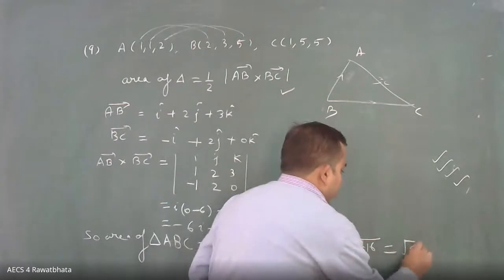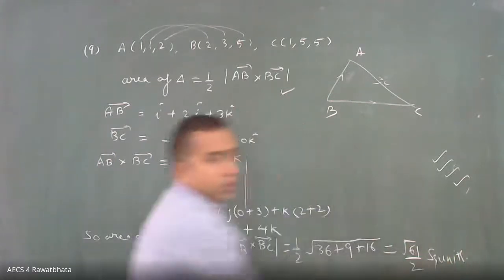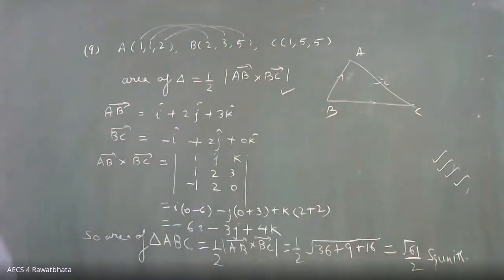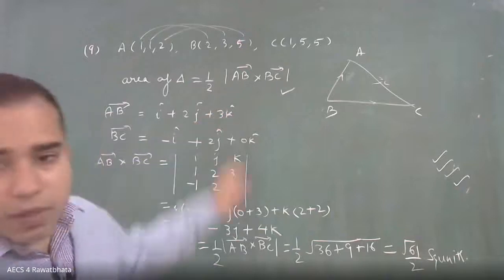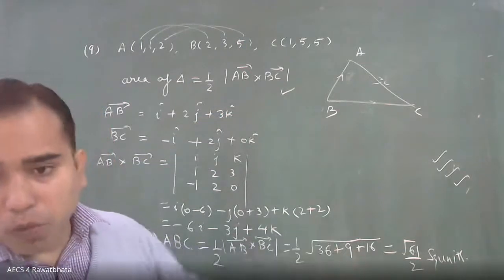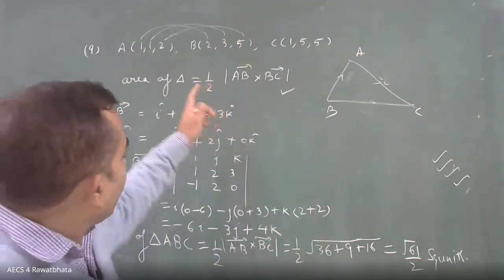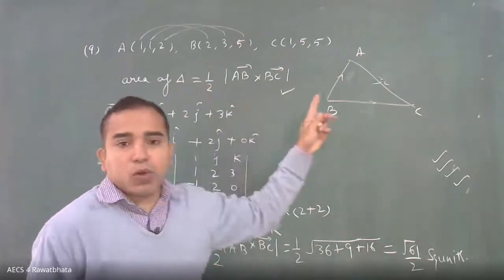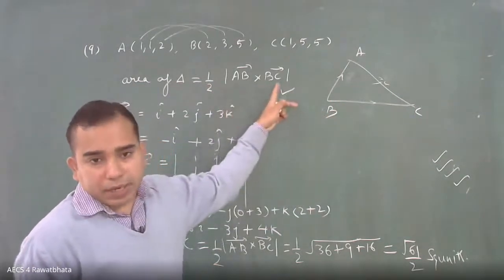Root 61 upon 2 sq units. So you check it. I hope it is proper. Direct formula. Yeah, divided by 2. Root 61 whole upon 2.